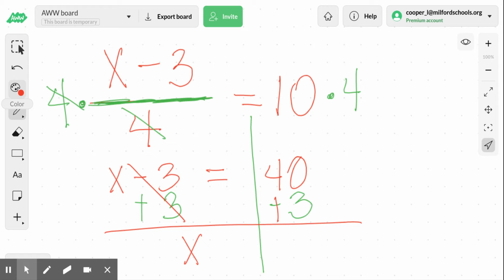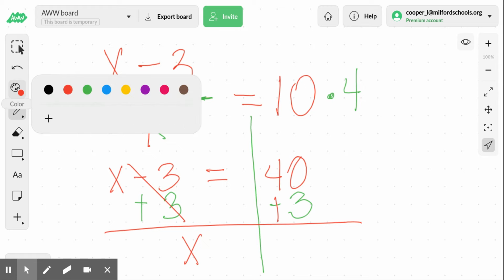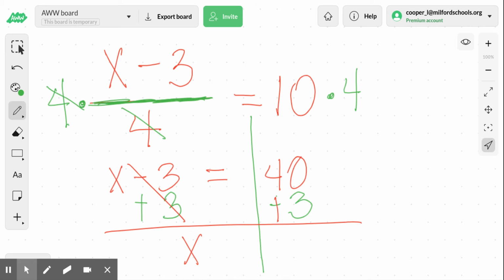My apologies. So that is a plus 3, not a minus. All right, so we added 3 on both sides, equals, and 40 plus 3 is 43.